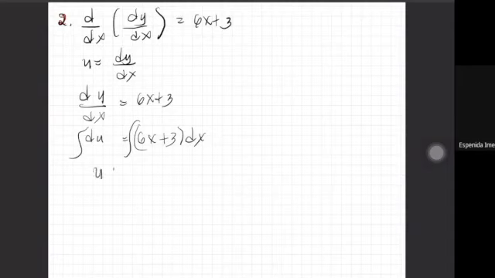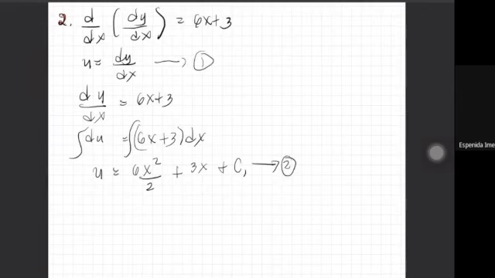And so you have u is equal to 6x squared over 2 plus 3x plus c sub 1. This is your equation 2. So it's the same process, class. du dx equated to 6. This is already 3. 3x squared plus 3x plus c sub 1.